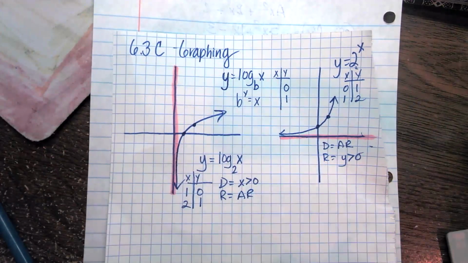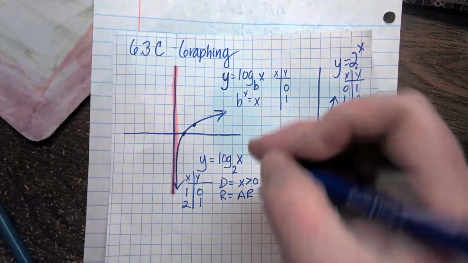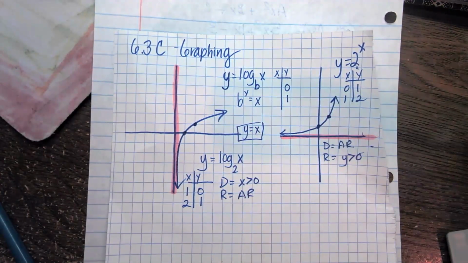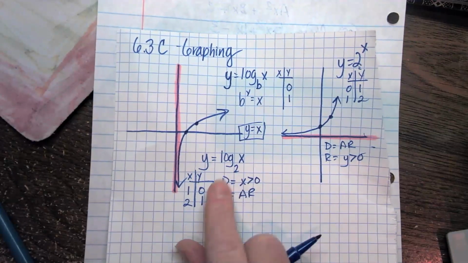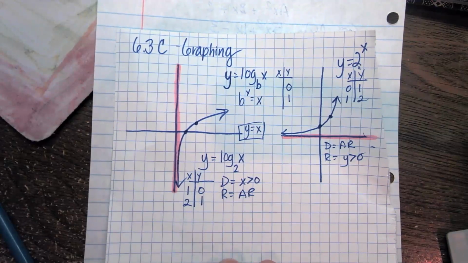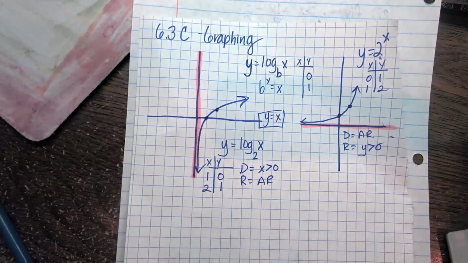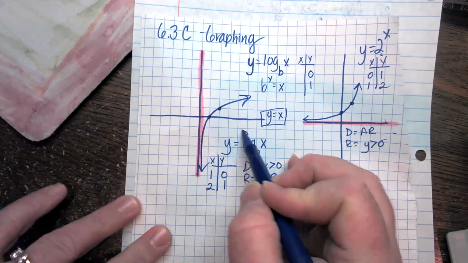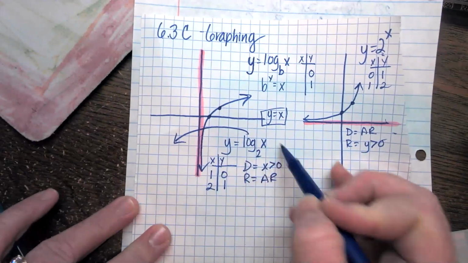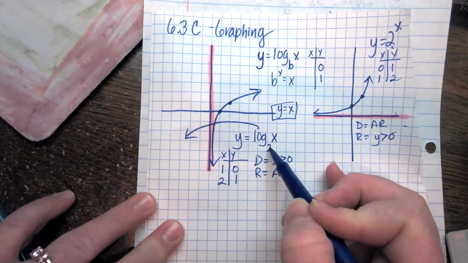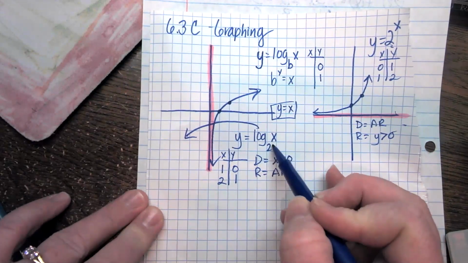Now put these over the top of one another. Remember that they are inverses about the line y is equal to x. Now, friends, I don't want to give you a log and you have to go back and find the inverse. Let's not do that, okay? So let's think about this as really what this is. We are really good masters at writing this in exponential form. So here we go.